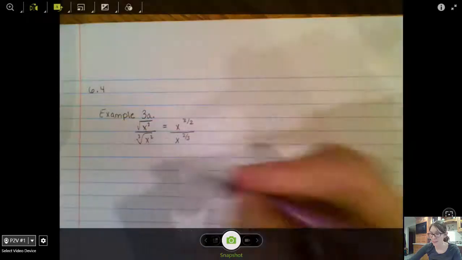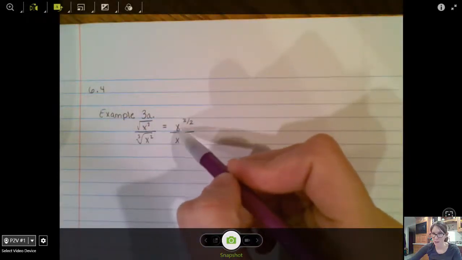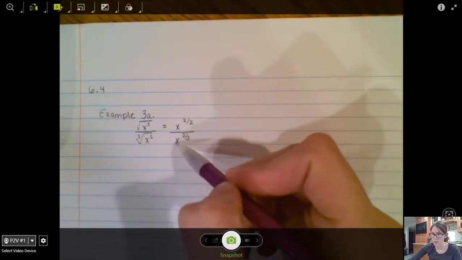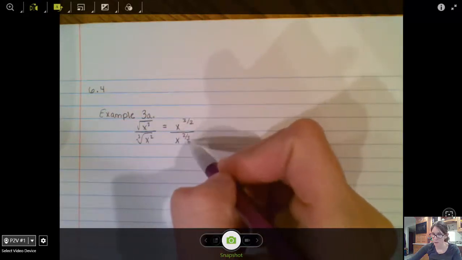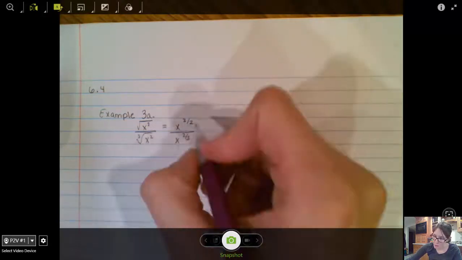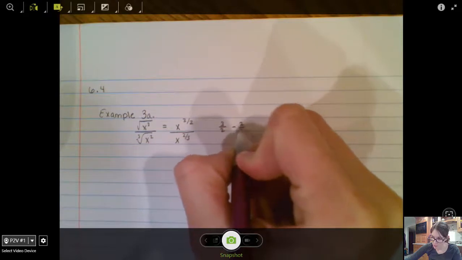We can actually do something here because I have powers of x. In both cases, x is my base. So if I have the same base and a power over a power, we subtract those exponents. We really just have to figure out what is 3/2 minus 2/3.